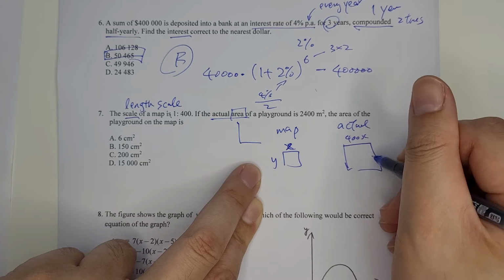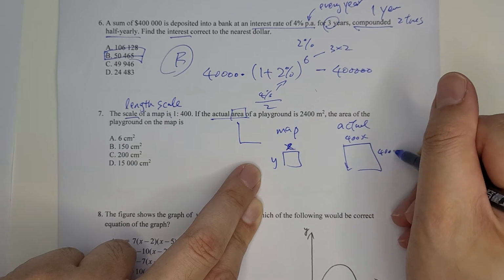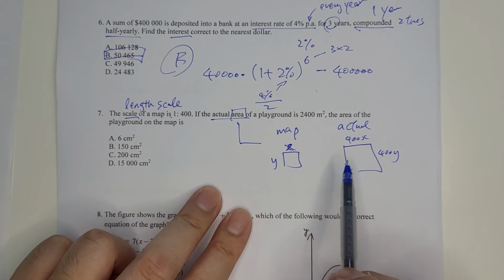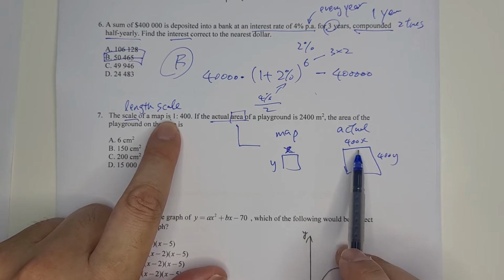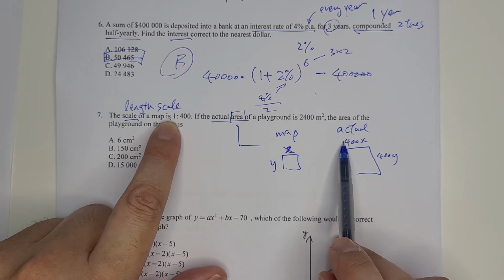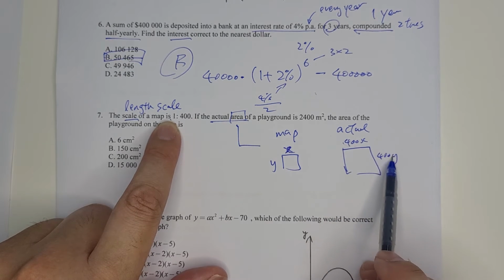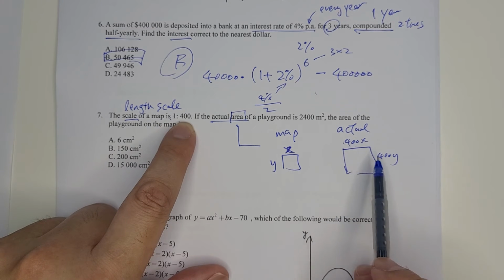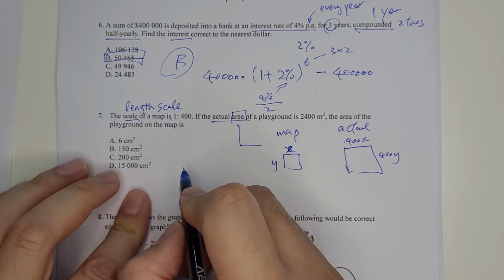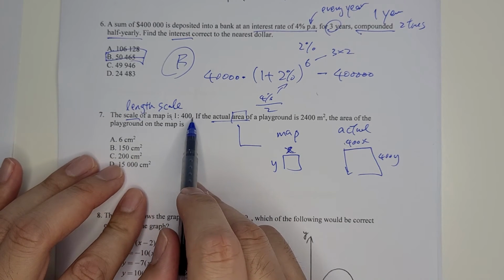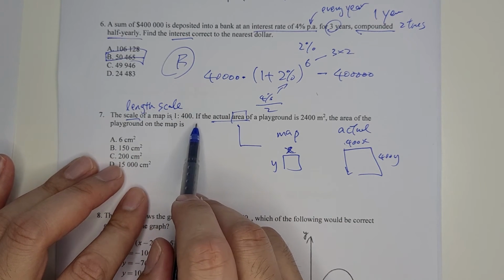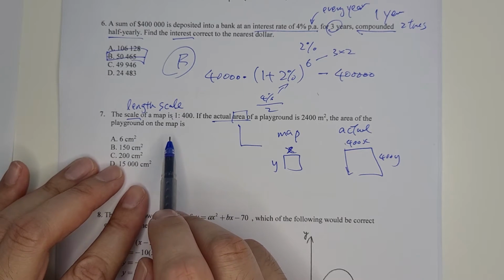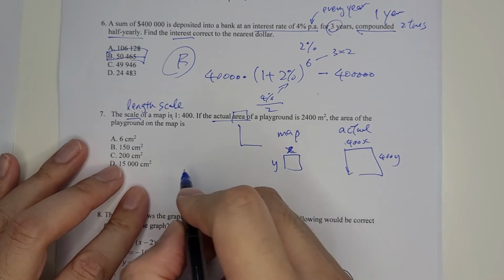The width on the map, you also need to multiply by 400. So you will see that when you consider the area, it will be something like 400 times 400. The square comes out, 400 squared. So do not just use this one to directly find the area of the paper on the map. You need to consider something squared.